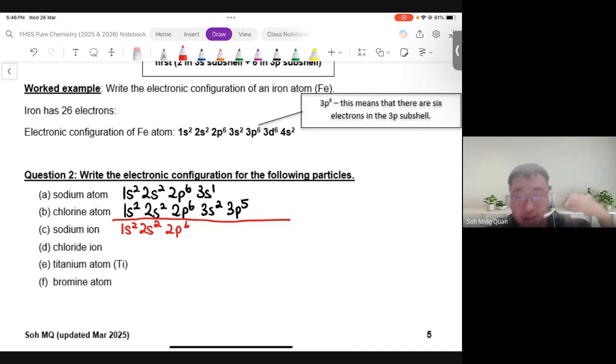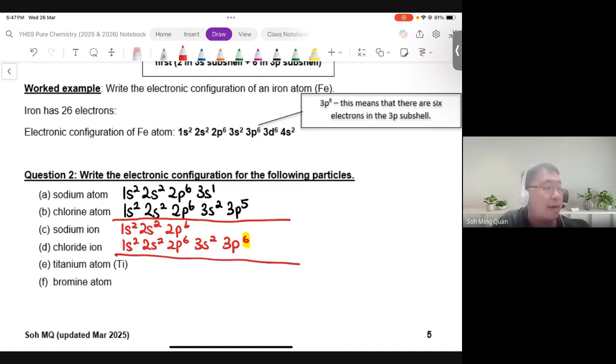Instead, you gain more electrons. How many more? Just 1 more. And that fits nicely into 3p. Therefore, it's now 3p6 for the chloride ion. So 1s2, 2s2, 2p6, 3s2, 3p6 for the chloride ion. So that's it for the 2 ions.